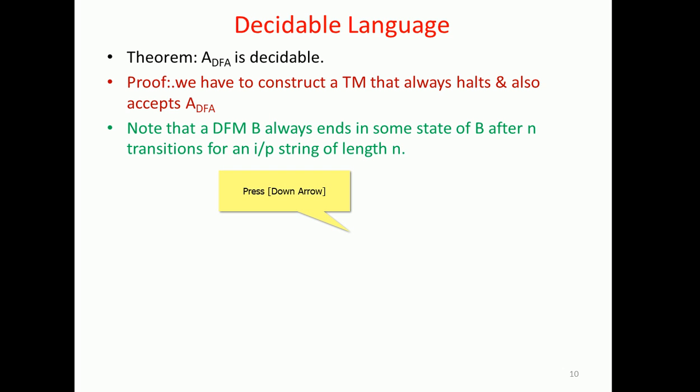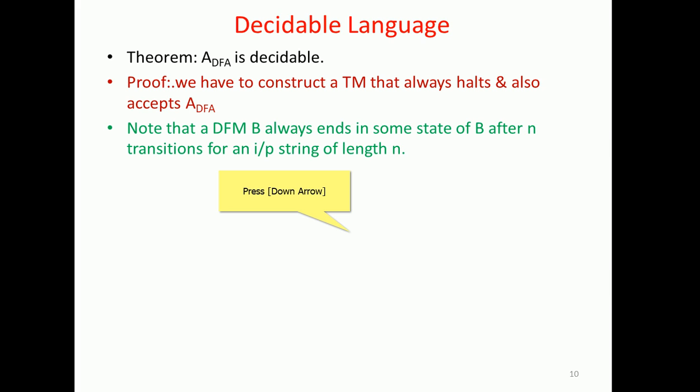Note that a deterministic finite automaton, that is a model, always ends in some state of B after n transitions for an input string of length n.